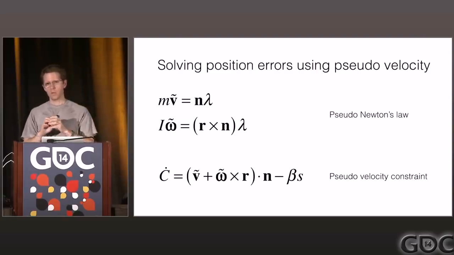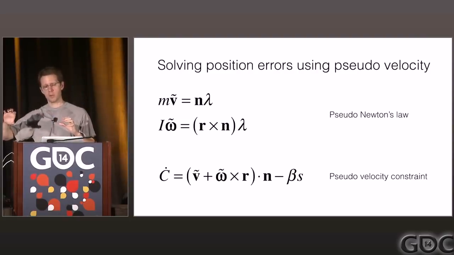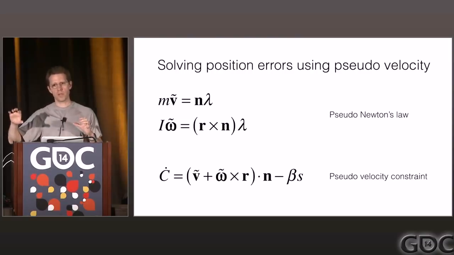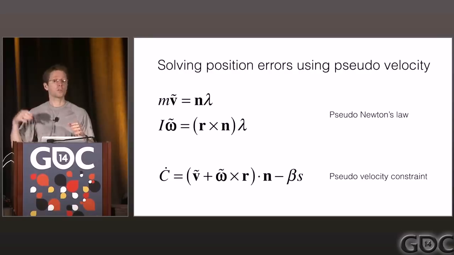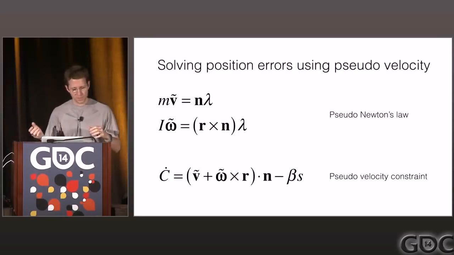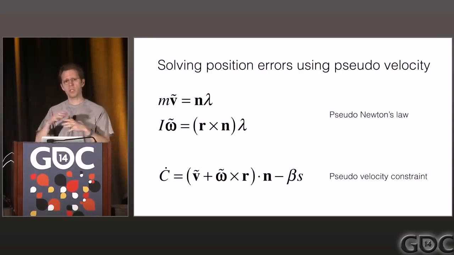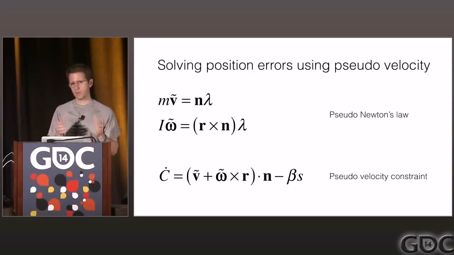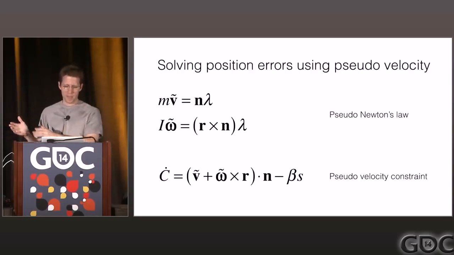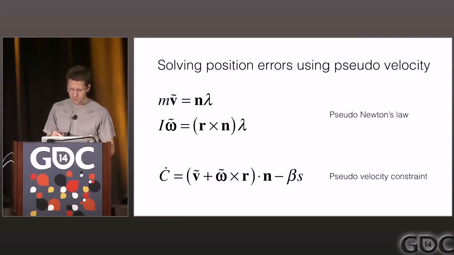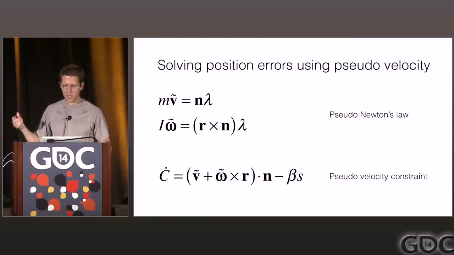So what you can do is completely decouple the position correction problem, and instead of dealing with the real velocities, use pseudo velocities and also pseudo impulses. We can use the same machinery that we had set up for solving velocity constraints to solve position constraints. So here's how it works.